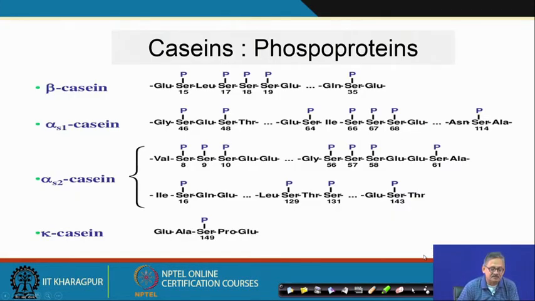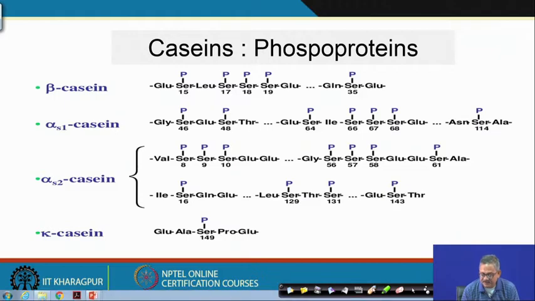This is how the casein phosphoproteins help in stabilizing the micelle. As I said in the earlier class, these amino acids are in sequences, right.